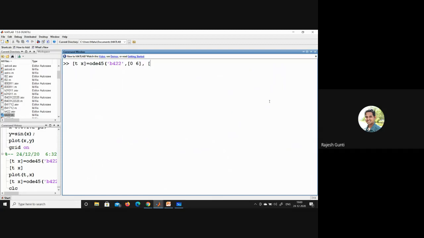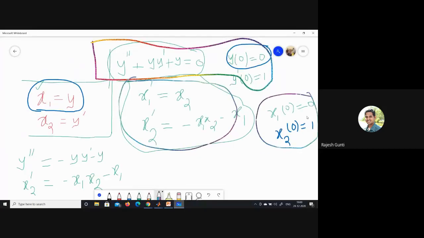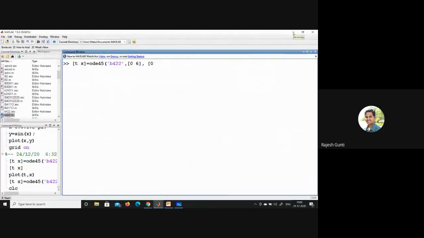What are the initial conditions? I forgot. The initial conditions are 0 semicolon 1. Okay. Now, what is the solution?